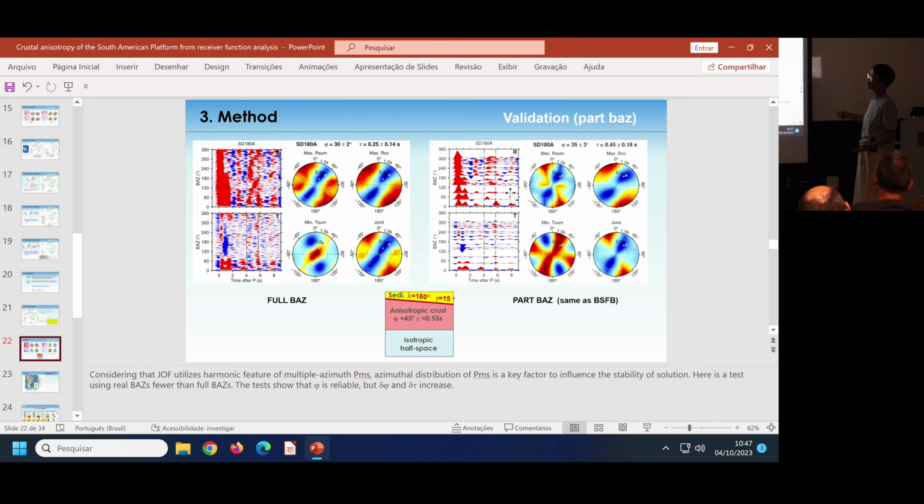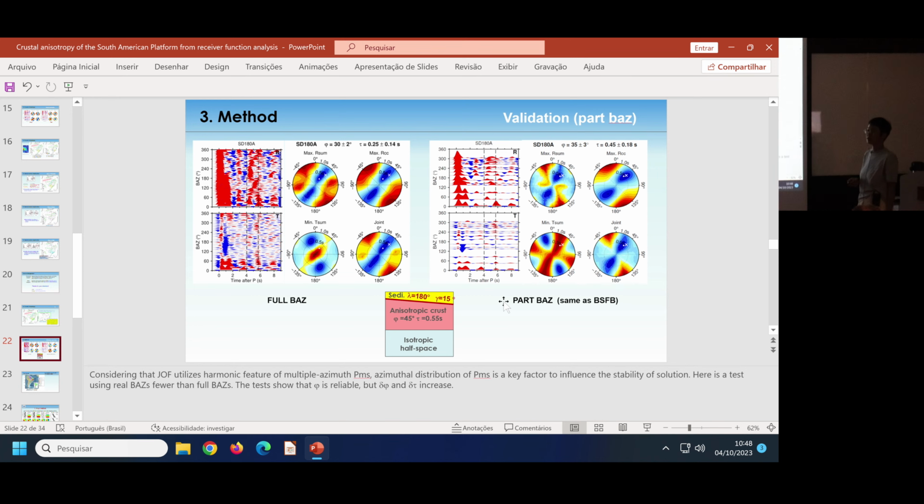We take some of them away and only use part of the data, and we finally get this result. We did this kind of test, and we can still retrieve the phi. This is the case for most of the distribution for South American stations. Most of the stations look like this, but for those stations along the margin, I think it's worse.